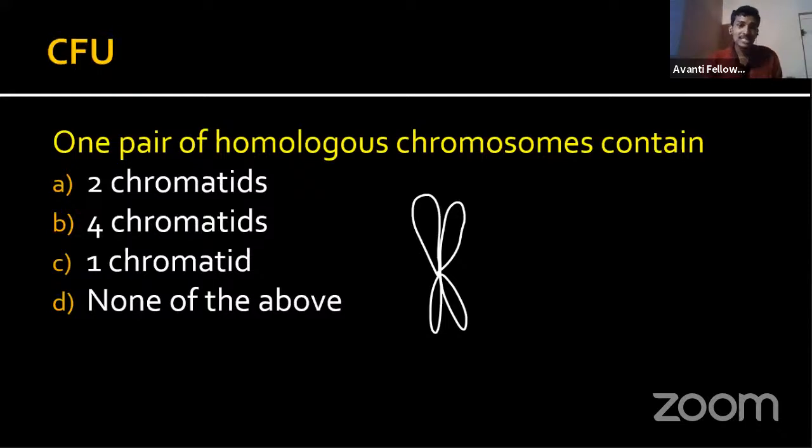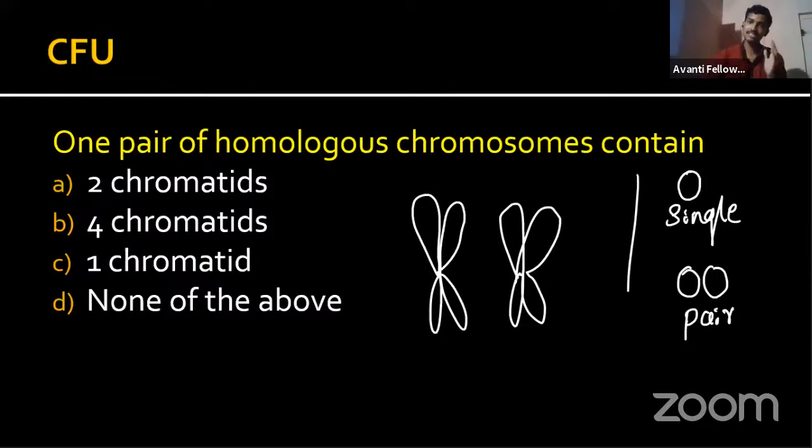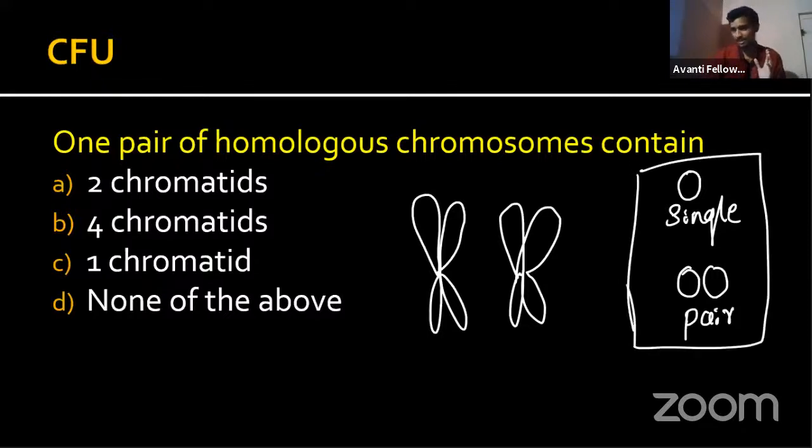Probably I have to explain the meaning of pair also. This is what we call a pair. Remember, guys, if I write something like that, we call it single. If you write something like this, then we call it a pair. Remember these things, this is very important.